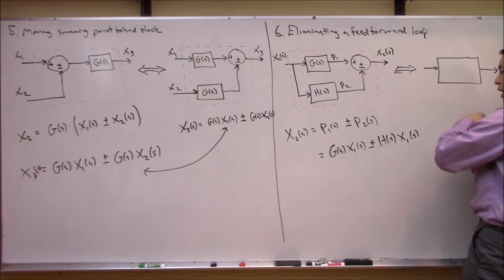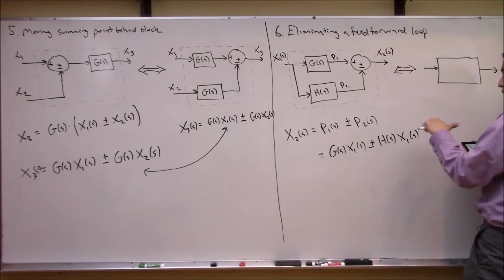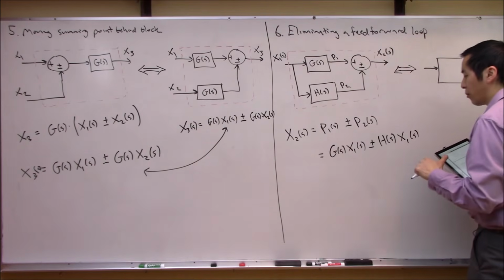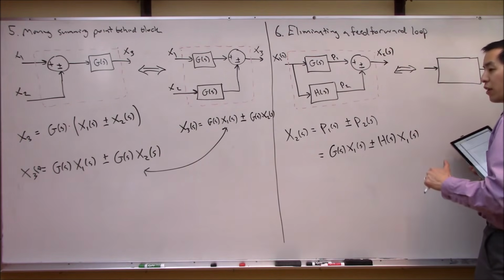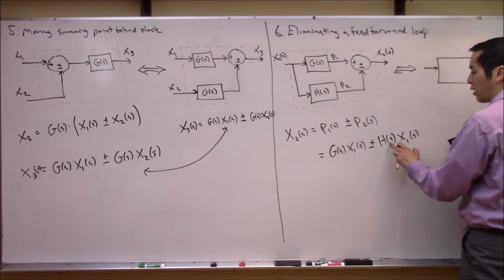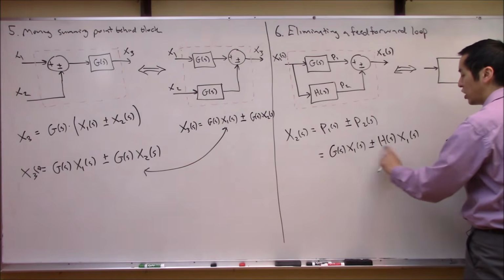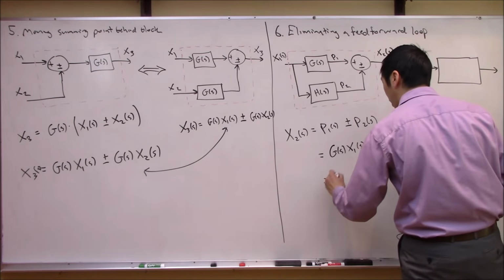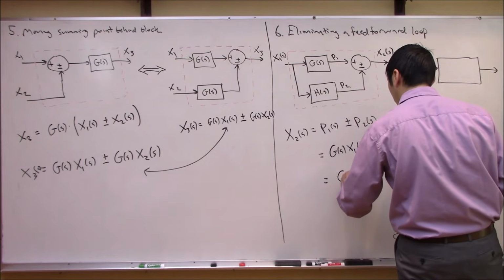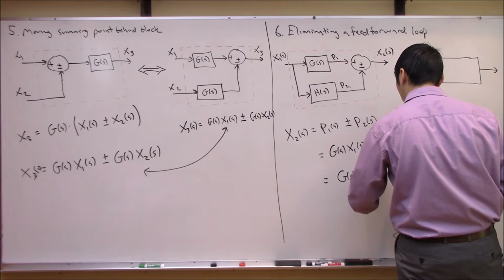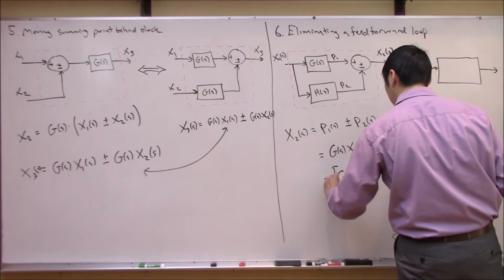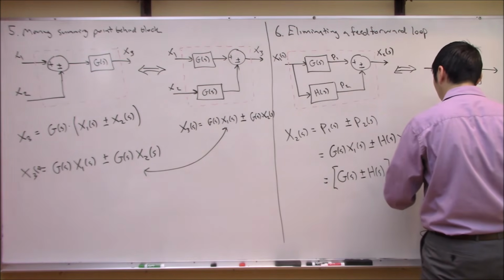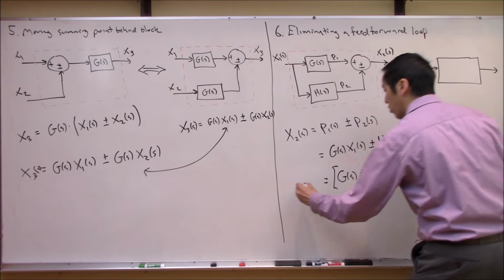Okay, let's pull out or factor out x1 on the right. Again, sorry for harping on it here, but I want to make sure we're pulling it off with the idea in the back of our head that these h and g's might be matrices here instead of just scalars, okay? So what we end up with, this is just g of s plus or minus h of s, right? And then we can pull x1 of s out. Okay, so here we go.